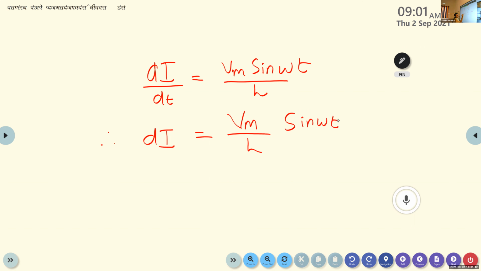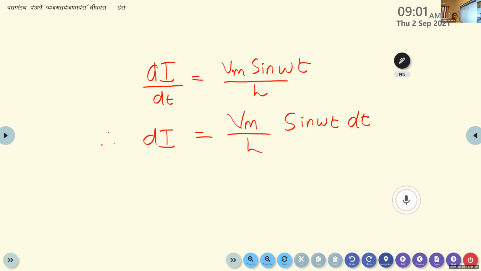We brought this dt to the right-hand side, so it becomes sin omega t dt. Therefore, di is equal to Vm by L into sin omega t dt.